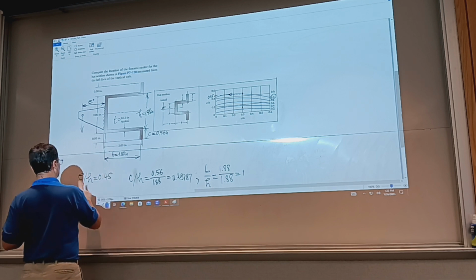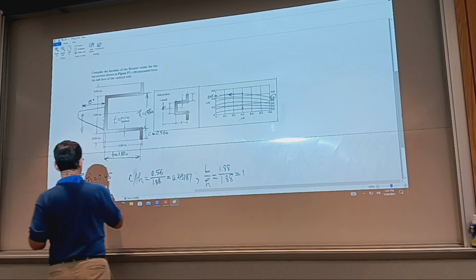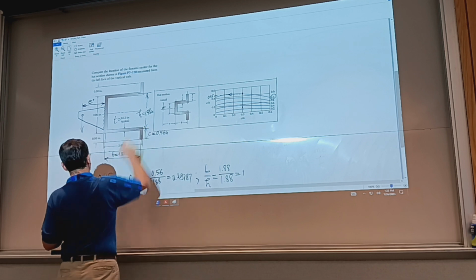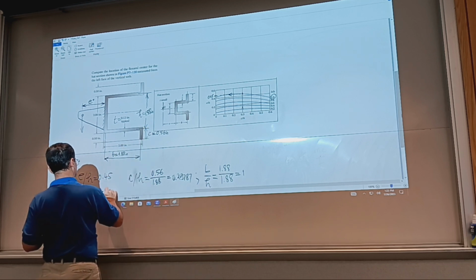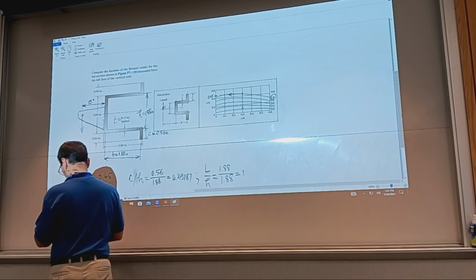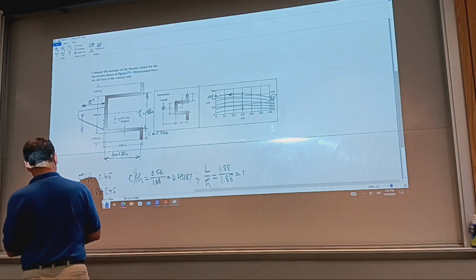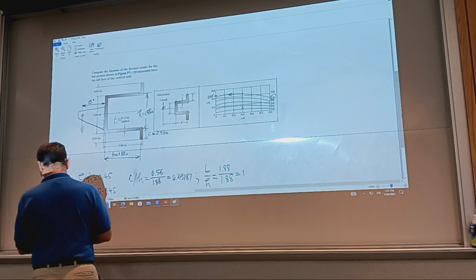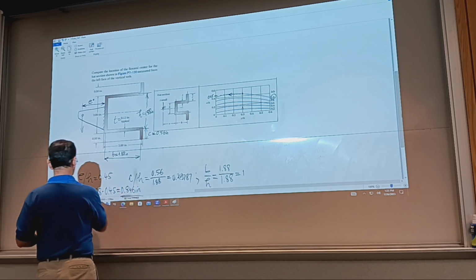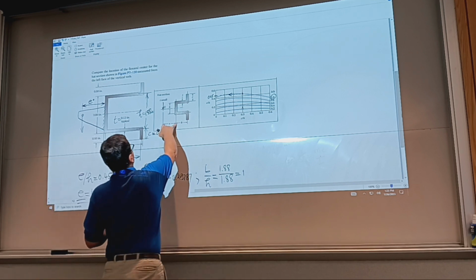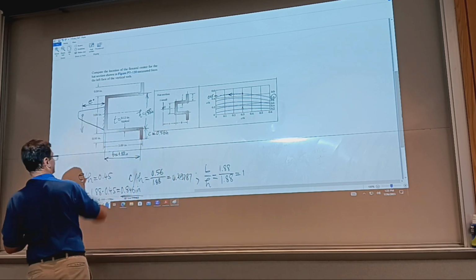0.45. We can calculate E. So it's going to be H, 1.88 inches, times 0.45. And this is 0.846 inches. So I have E, measured as shown. I need to specify E star.